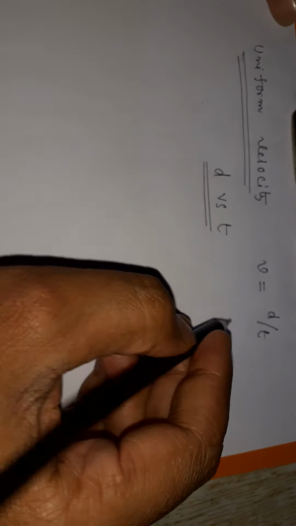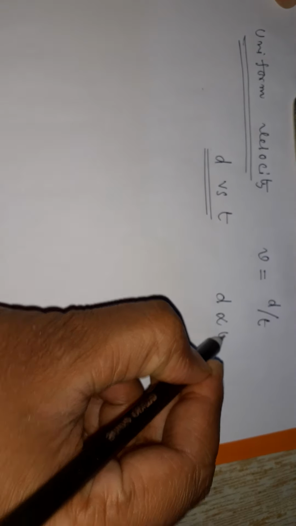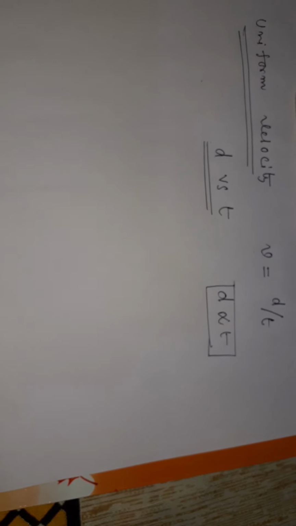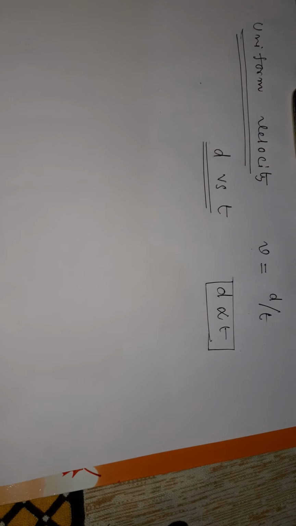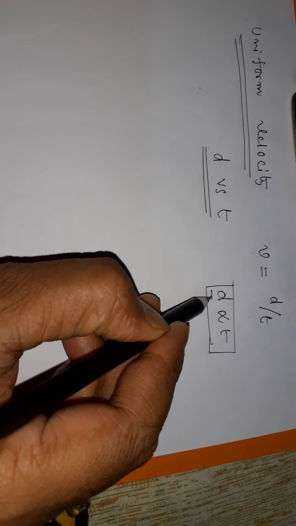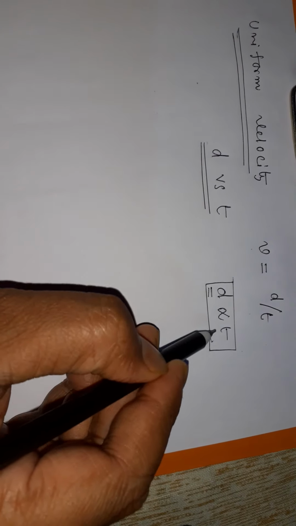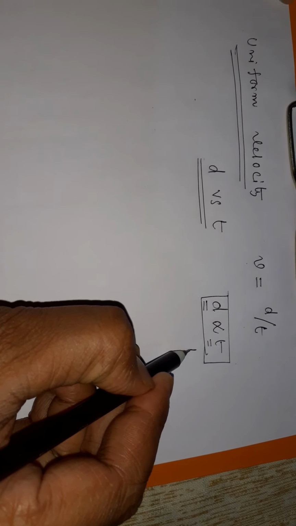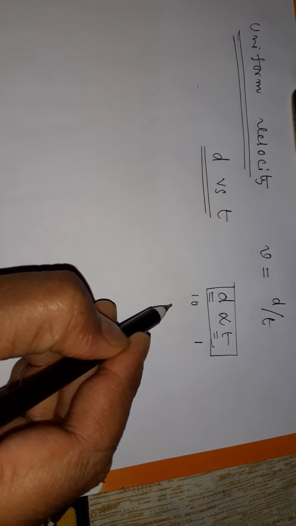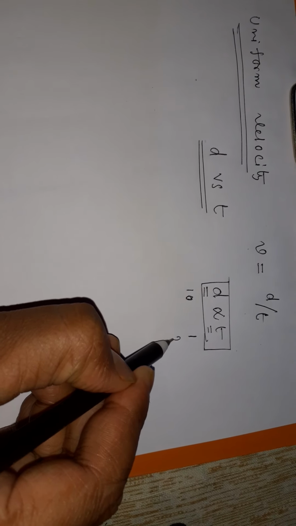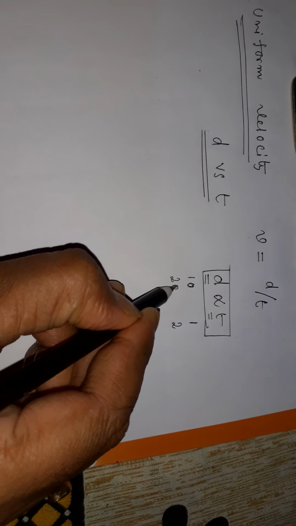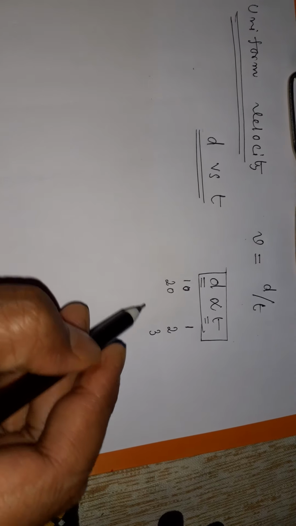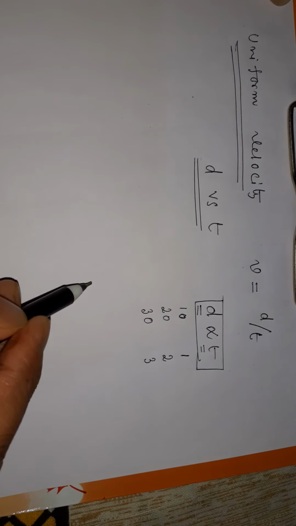if displacement and time are directly proportional to each other, that means the rate of change of displacement and the rate of change of time are the same. In 1 second the body may cover 10 meters, in 2 seconds 20 meters, in 3 seconds 30 meters.